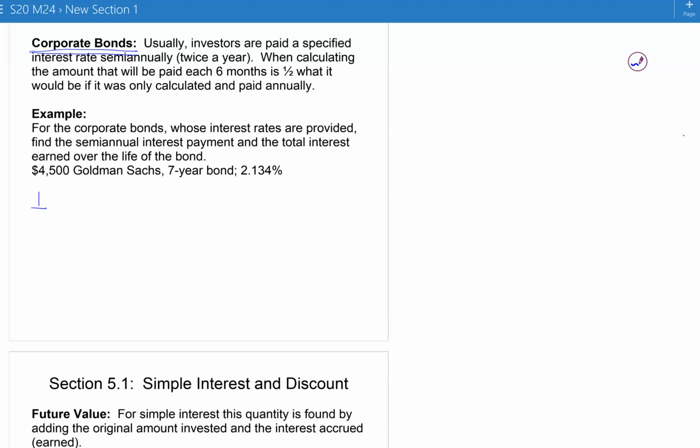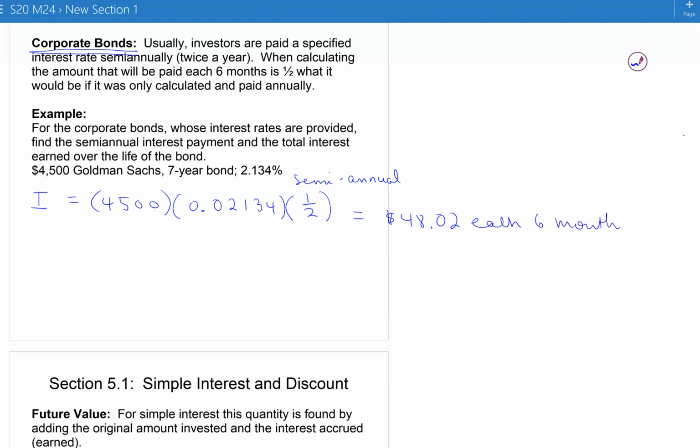The interest on this $4,500 bond at 2.134%, which we change to a decimal, 0.02134, is for half of a year because we're figuring it out on a semi-annual basis. So you're going to get $48.02 each 6 months, rounded off.